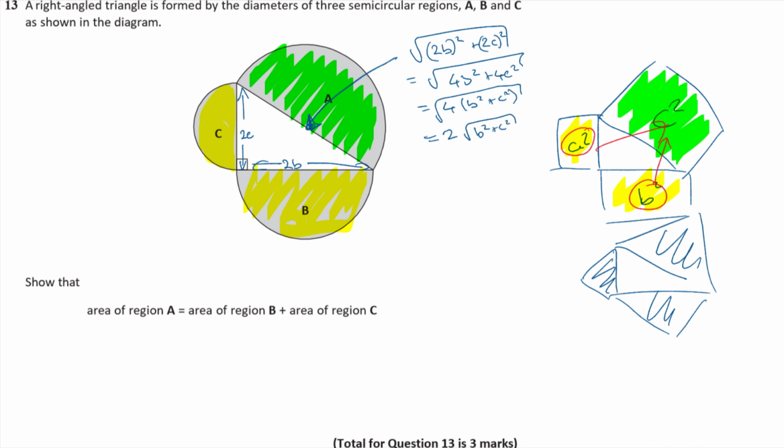Okay, just simplifying that down a little bit. Okay, right, so that's the length of that line there. Okay, so we've got the 3 lines of the triangle given in terms of b and c.